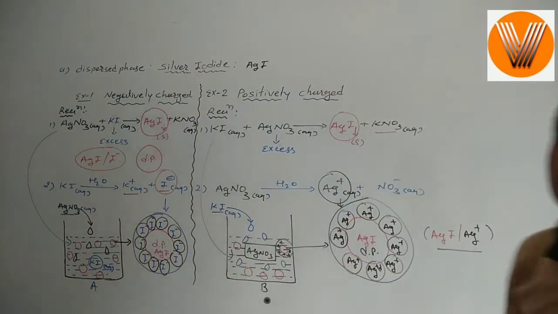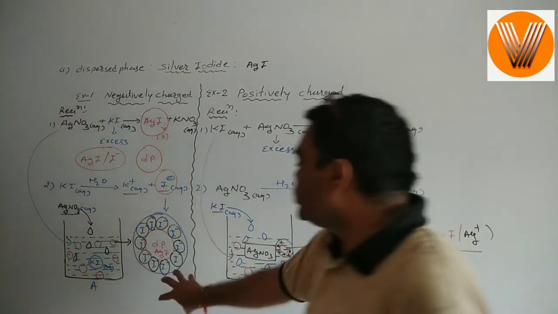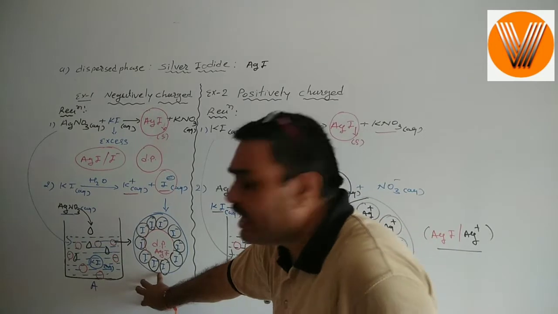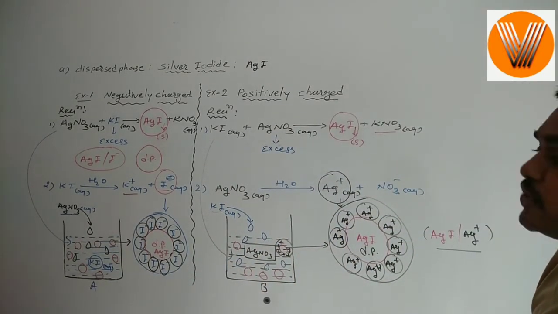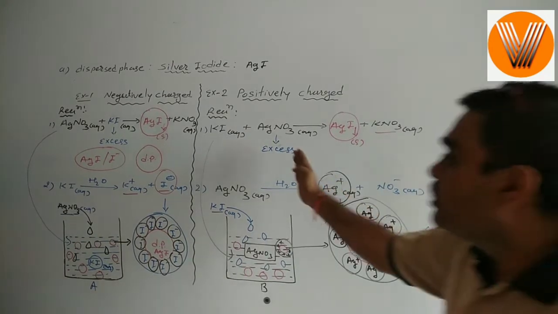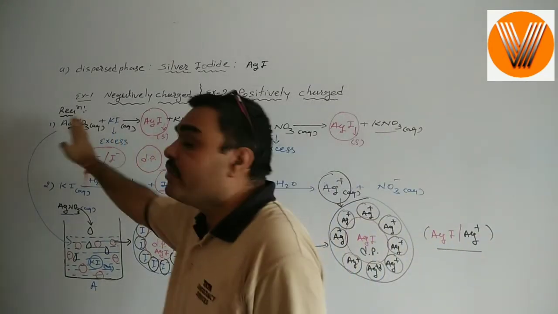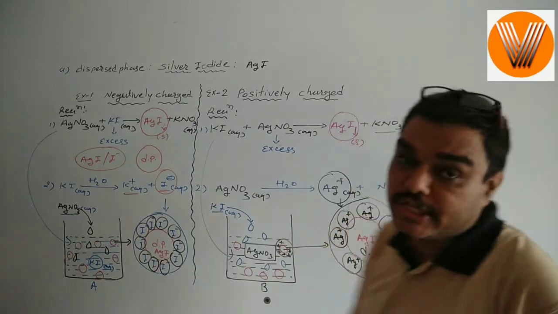So you understood how positively charged as well as negatively charged silver iodide is formed according to the proportion of reactant as well as reagent.